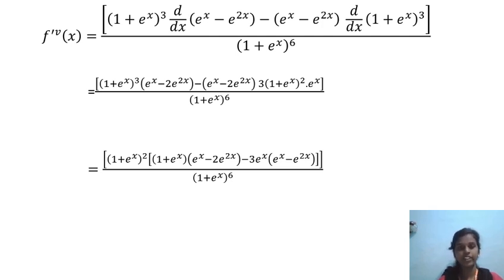Here we take (1 + e^x)² common. We get (1 + e^x)(e^x − 2e^(2x)) − 3e^x(e^x − 2e^(2x)) divided by (1 + e^x)^6.